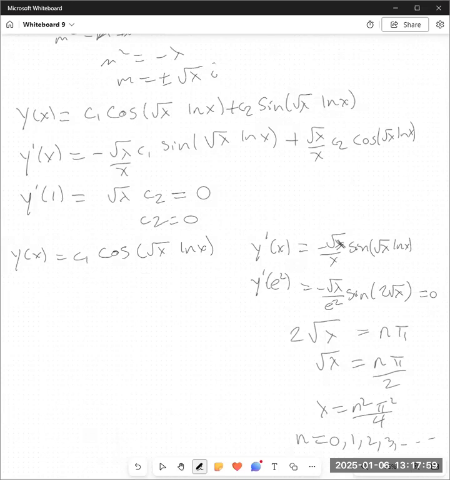So my y of x, allowing C1 to be 1, is going to be cosine of root lambda, being n pi over 2, ln of x. Like so.